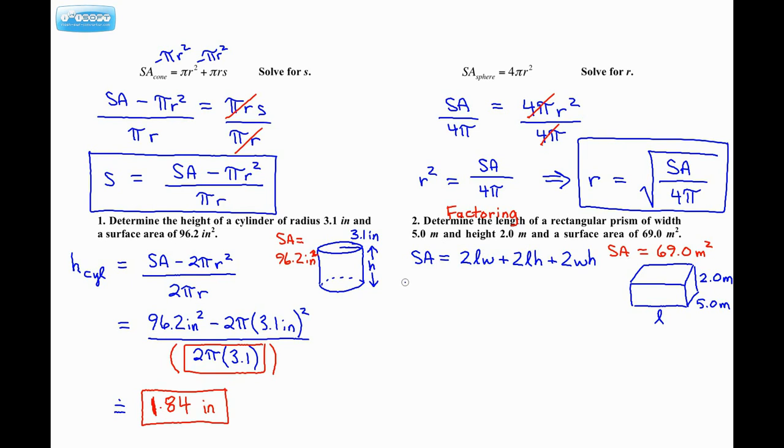So surface area is 69.0 equals 2 times L times, and I'm going to substitute the width, that's 5.0, okay, plus 2 times L times H, and H is 2, plus 2 times W times H. So that is 5.0 times 2.0.